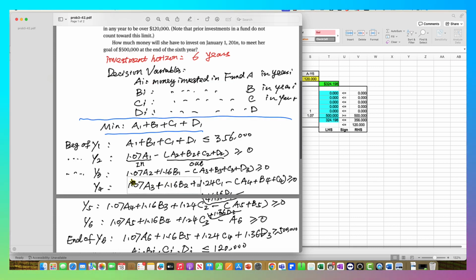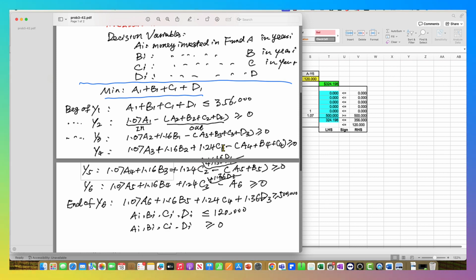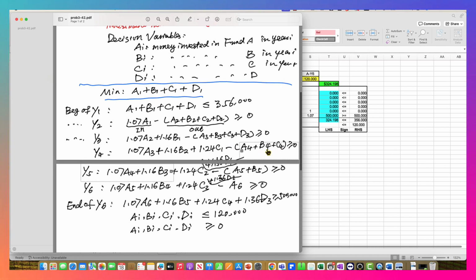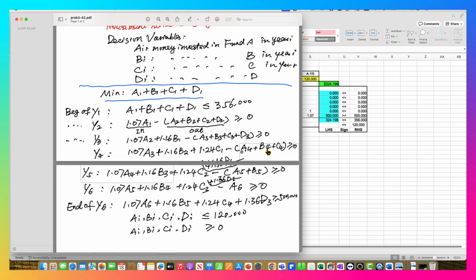Similarly, the logic applies for year 4, year 5, year 6. In year 4, the money available to invest is 1.07A3 and 1.16B2, 1.24C1 minus. Available to invest in year 4 is just Fund A, Fund B, and Fund C. So continue till year 6.